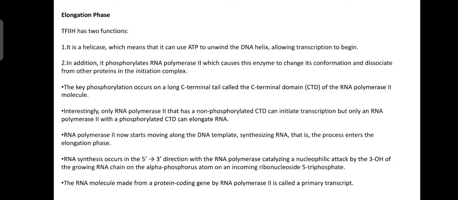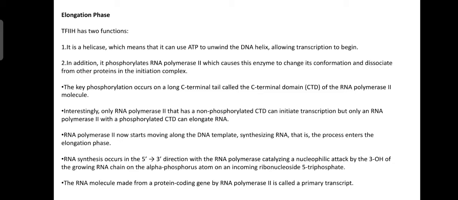This is very important and interesting, okay? Because in addition, it will phosphorylate the RNA polymerase II. What do you mean by phosphorylation? Addition of a phosphate group, which causes this enzyme to change its conformation and dissociate from the initiation complex.